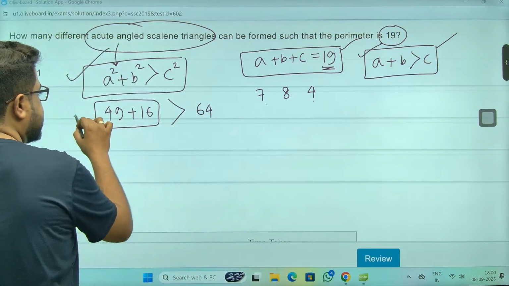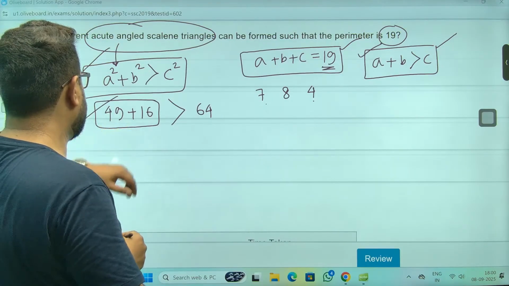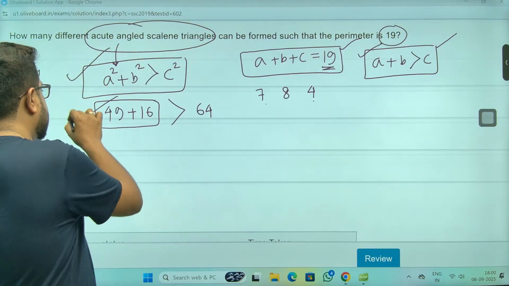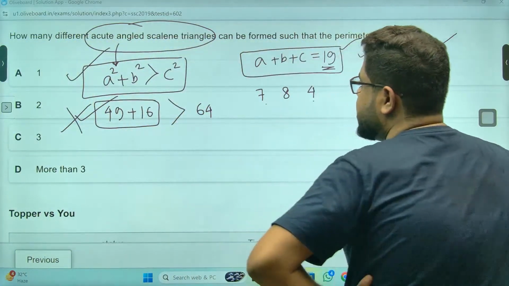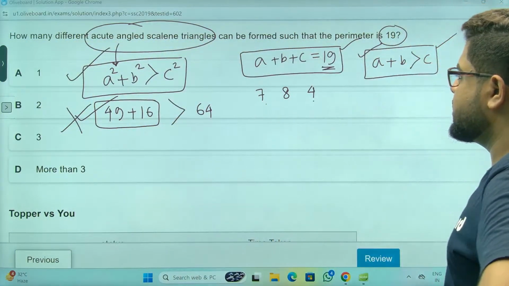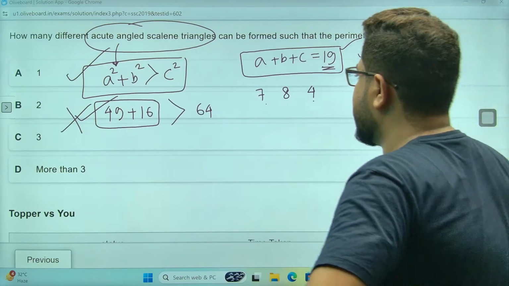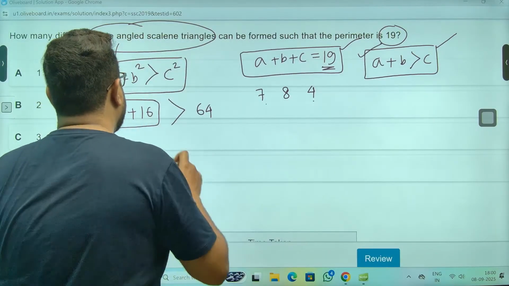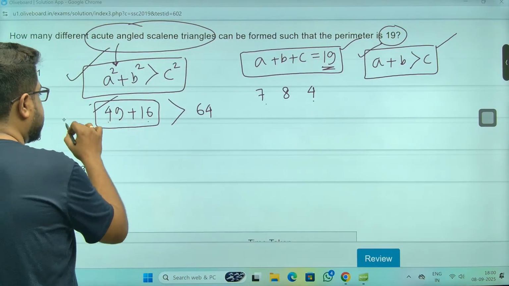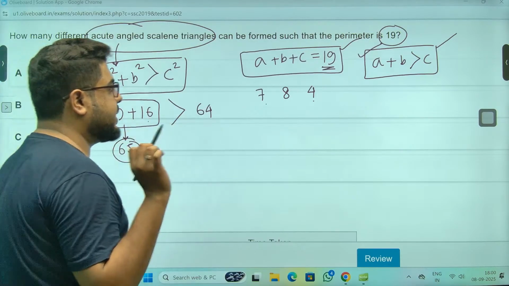No, sir, this is not matching. Is it matching? One second. Oh, yes, it is matching. 65, this is 65. Yes, it is matching.